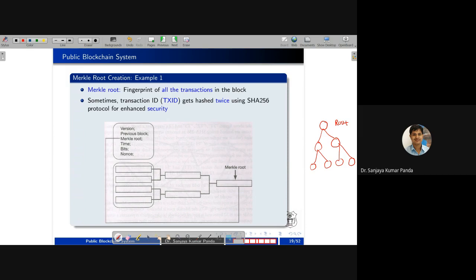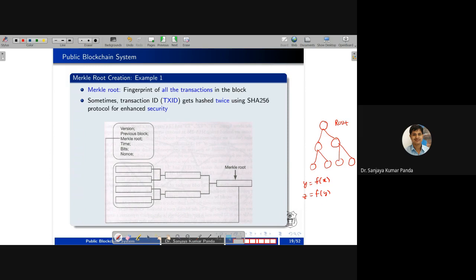Suppose you find y equal to f of x, then you get y, and then f of y equal to z. Here we have made two rounds of hashing, and it gives a stronger security mechanism.